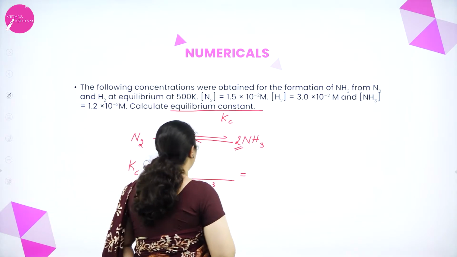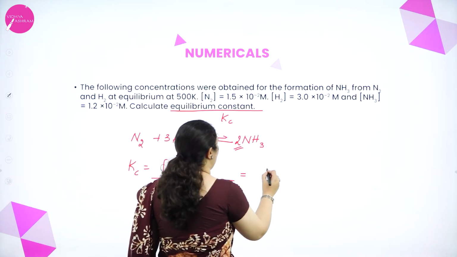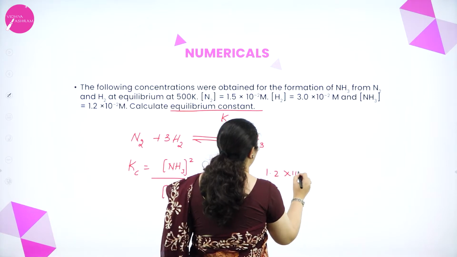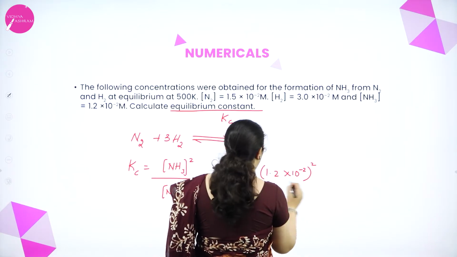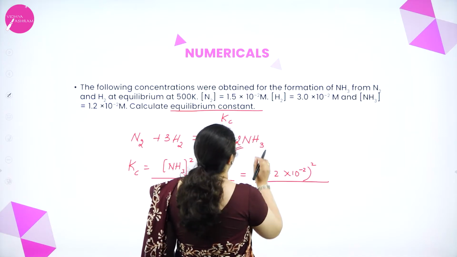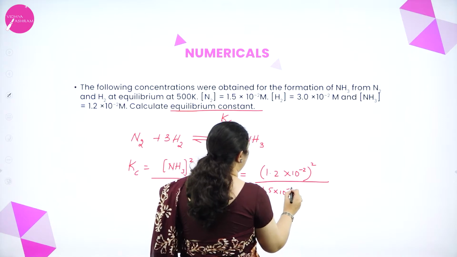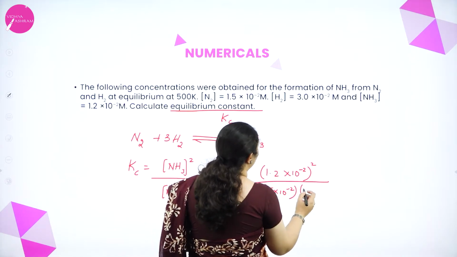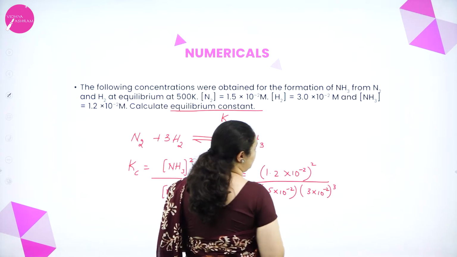Now I'll just substitute the values. What is the value of ammonia? NH3 is 1.2 into 10 to the power minus 2 whole square divided by molar concentration of nitrogen, 1.5 into 10 to the power minus 2, into 3 into 10 to the power minus 2 whole cube.